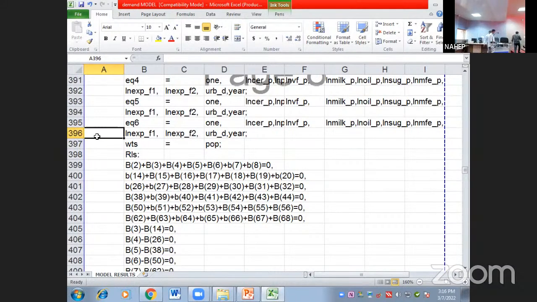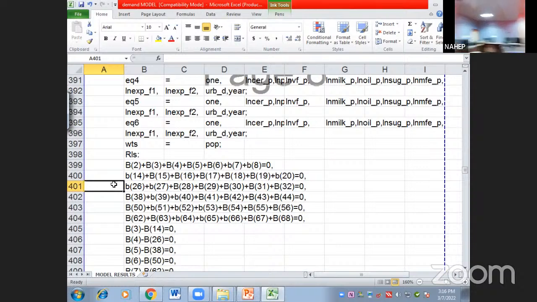So what we do, we impose the homogeneity conditions. The coefficients B2, B3, B4, B5, B8 equal to 0. From the second equation, we are saying 14, 15, 16 are 0, and similarly from the third, fourth, fifth, and sixth equations.